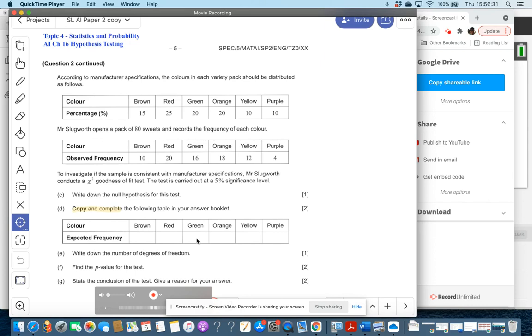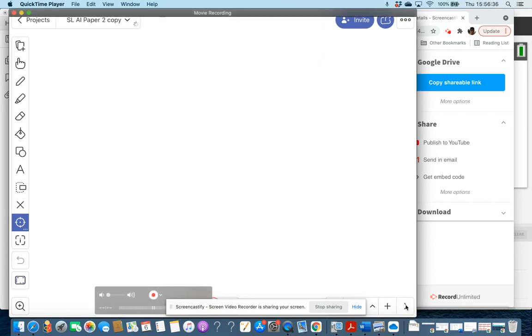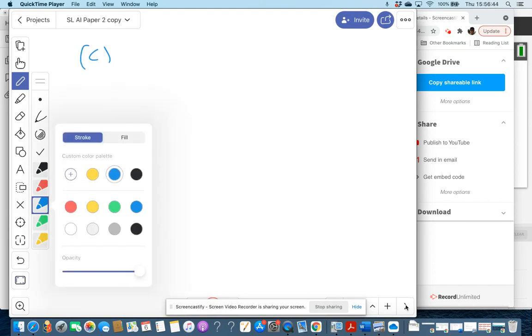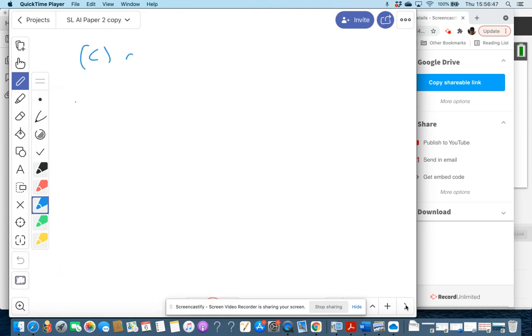Okay, so get to my answer page here. C, the distributions are the same, basically. You could just say that. Or you should say the observed and the manufacturer's specs.